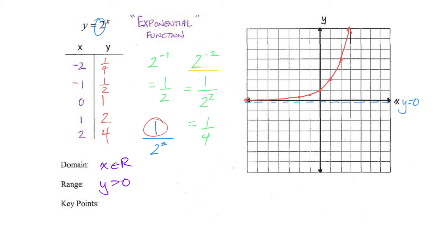What are my key points in this one? Well, if we get really good at stating 0, 1, my y-intercept of 1 always has to be 1. Because when I put an exponent of 0 on 2, that gives me 1. And then what I do is I just use the nature of the curve again. And really what that is, use what you know about powers.